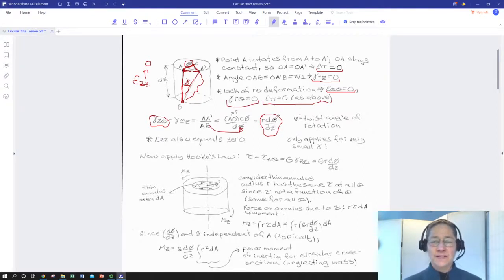Okay, and the d phi dz is known as the angle of twist or rotation.